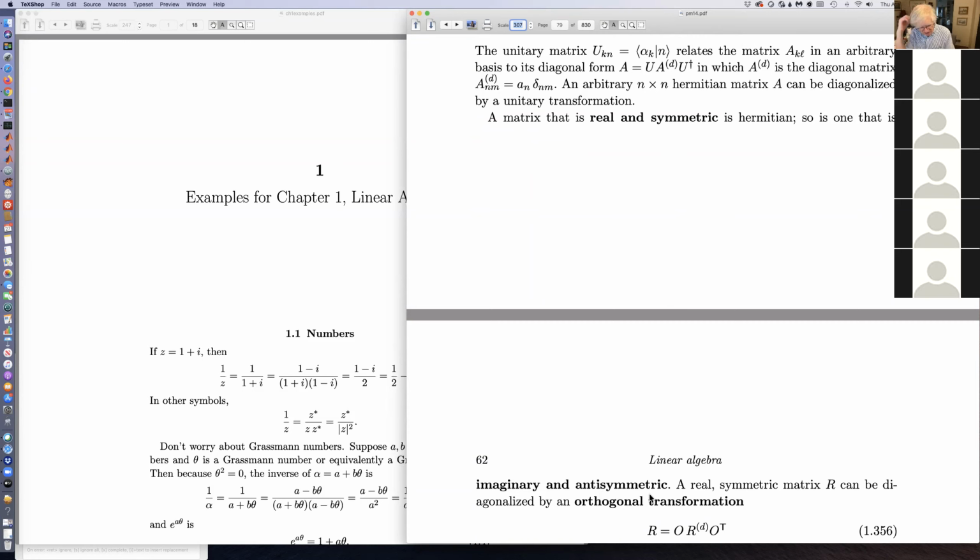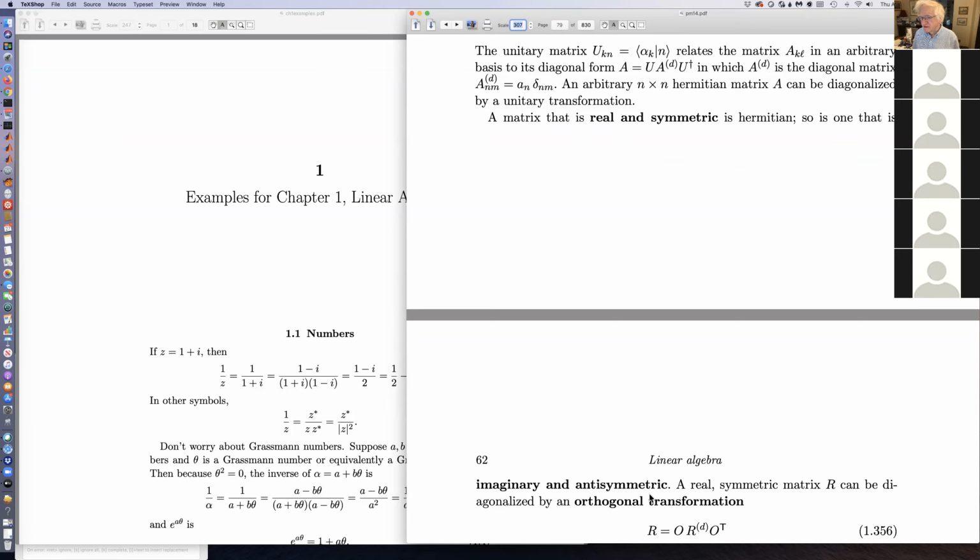Don't get the impression that every Hermitian matrix is either real and symmetric or imaginary and anti-symmetric. You can see that's not true if you just write a Hermitian matrix. You take the sum of a real symmetric Hermitian matrix plus an imaginary anti-symmetric Hermitian matrix.